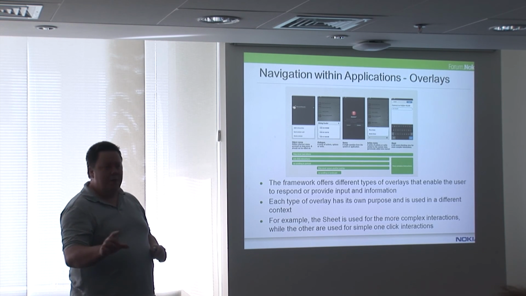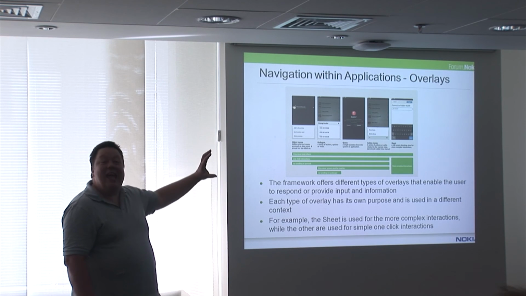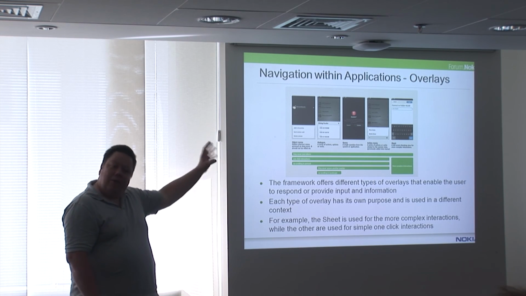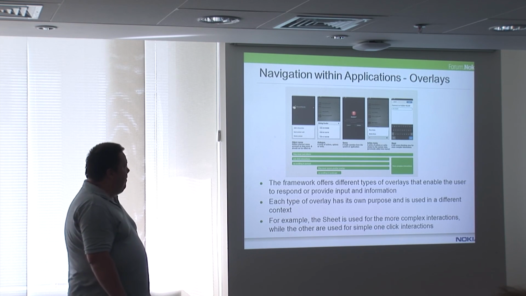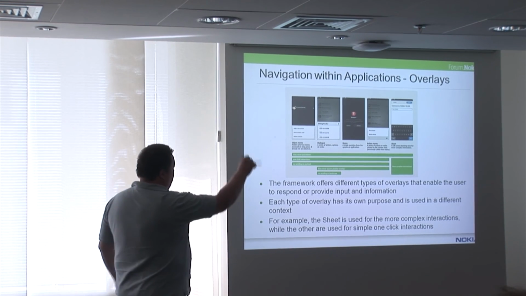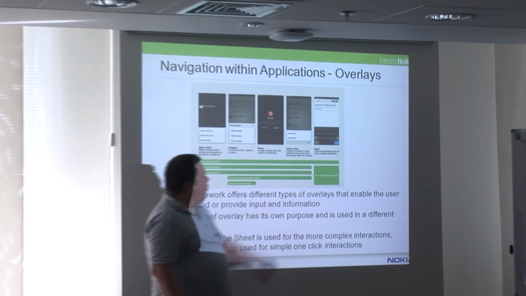So that's where the sheet is useful, and the sheet provides the extra functionality related to the connection creation. And then the user continues using the browser or whatever program it is.